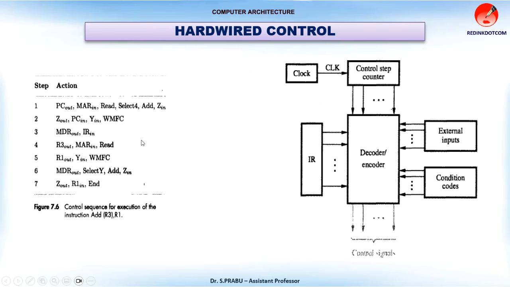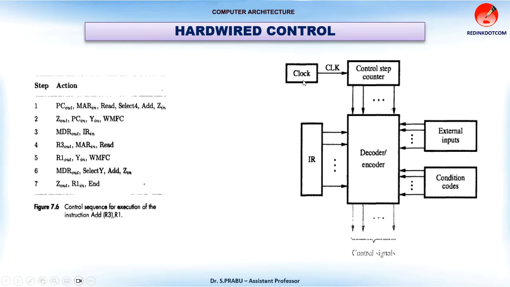On the left hand side, you can see the control sequence of the execution of the example instruction Add (R3), R1. Each step represents a specific set of micro operations that are activated at each clock pulse. On the right hand side, we have the block diagram of the hardwired control unit.